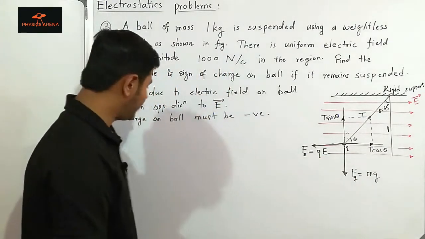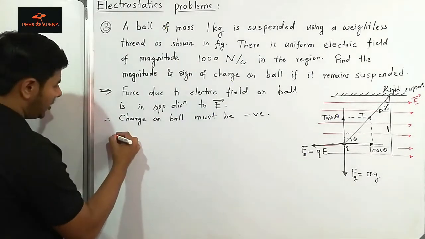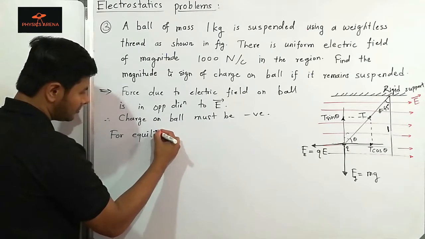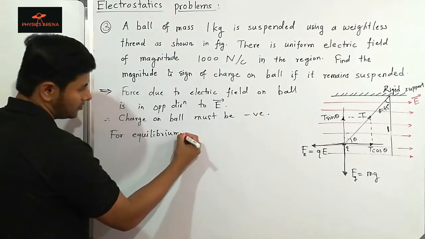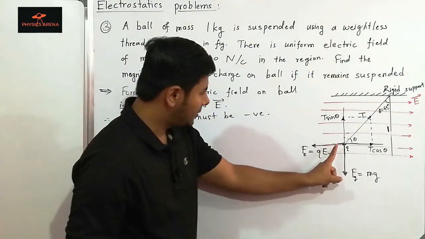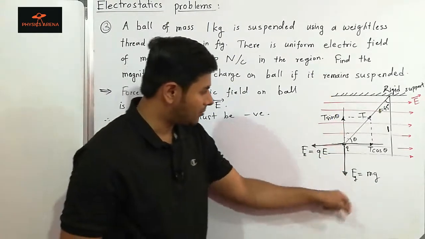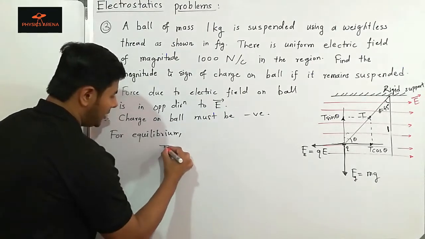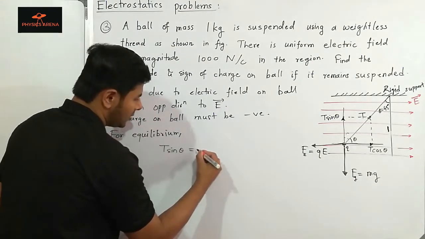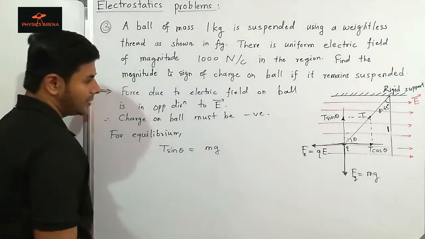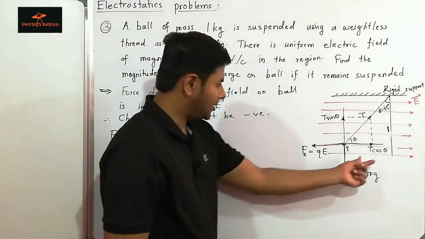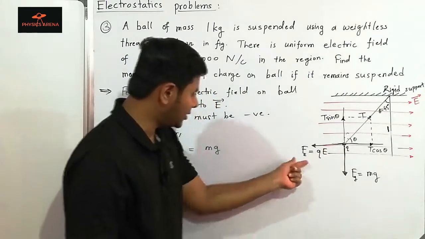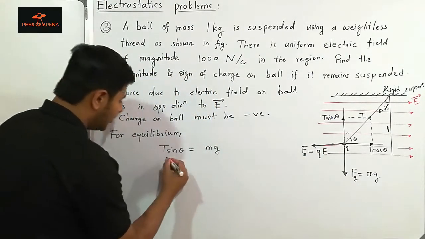So for that, for equilibrium, the magnitude of this force T sine theta should be equal to magnitude of gravitational force. So we have T sine theta equals mg, and the magnitude of T cos theta should be equal to Fe.